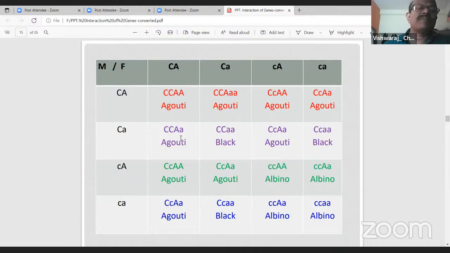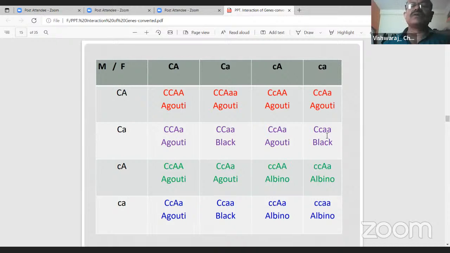And capital C, capital C, small a, small a gives black, because when capital C is present in dominant, the black character shows, and only when there is no dominant A. Otherwise it does not show black color.